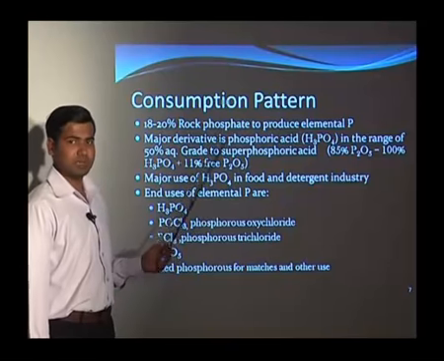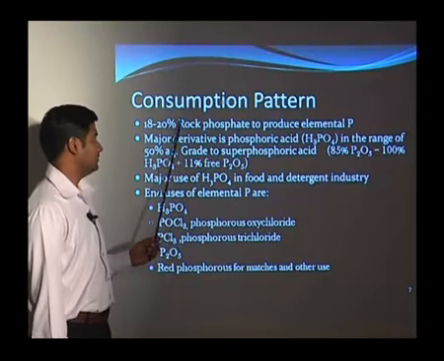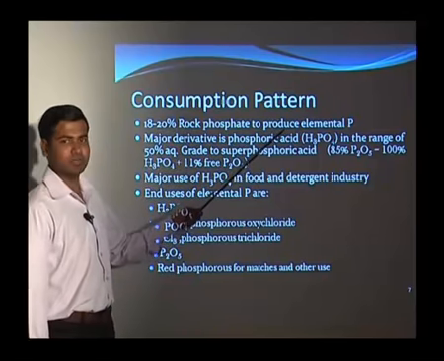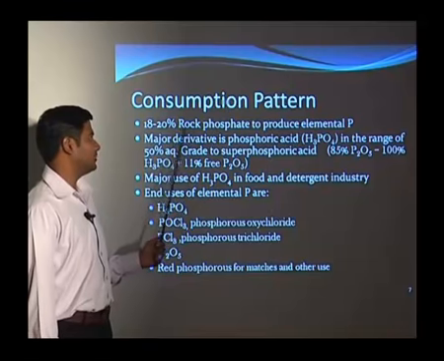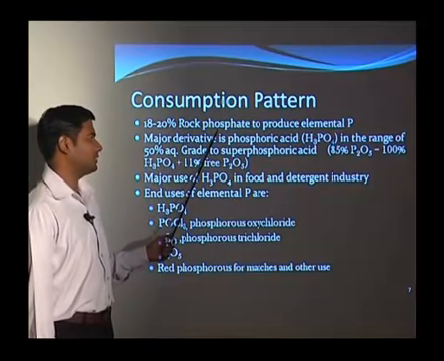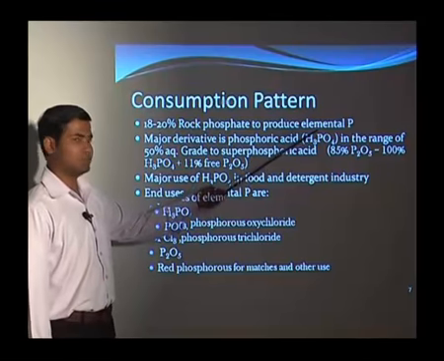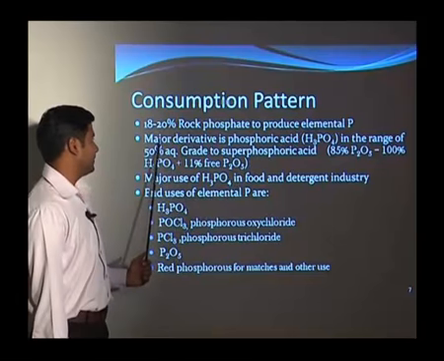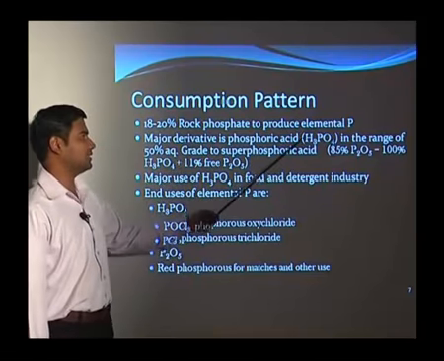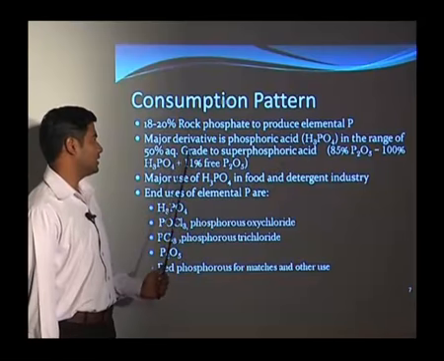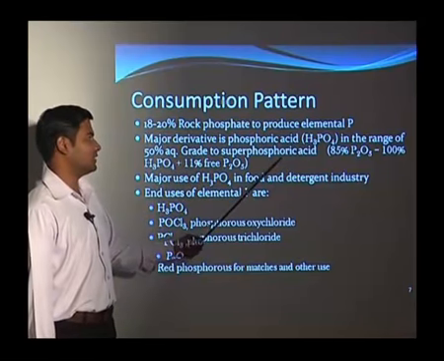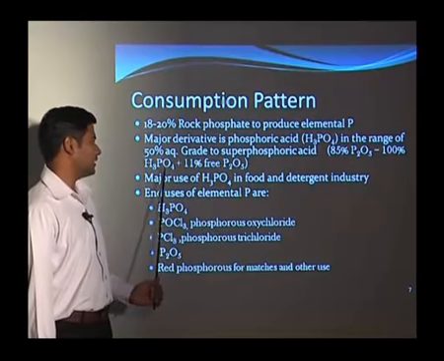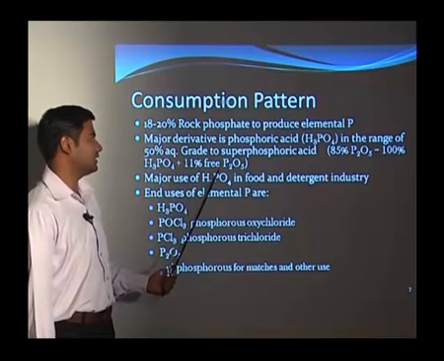If we see the consumption pattern for phosphorus, then 18 to 20% of rock phosphate is used to produce elemental phosphorus. So the major raw material is rock phosphate, which goes to form the phosphorus, which can be further processed into different compounds. The major derivative is phosphoric acid, H3PO4, in the range of 50% aqueous grade to superphosphoric acid, that is 85% P2O5, equal to 100% H3PO4 plus 11% free P2O5.